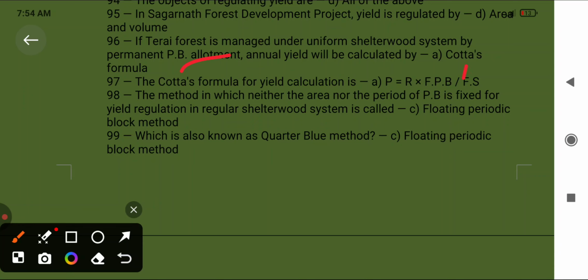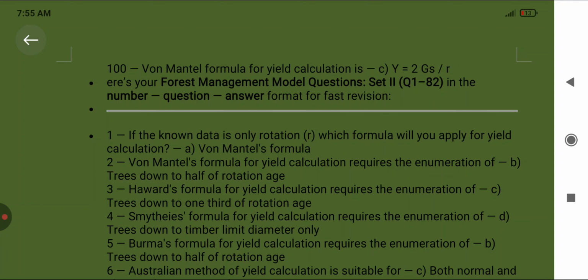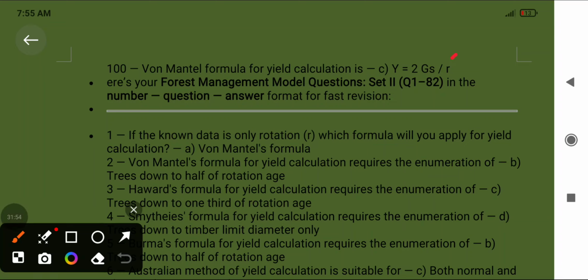The method in which neither the area nor the period of periodic block is fixed for yield regulation in regular shelterwood system is called floating periodic block method, which is also known as quarter blue method. The volume formula for yield calculation is Y is equal to 2Gs by R.